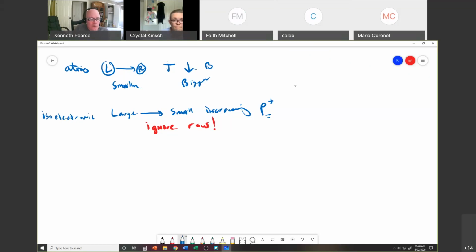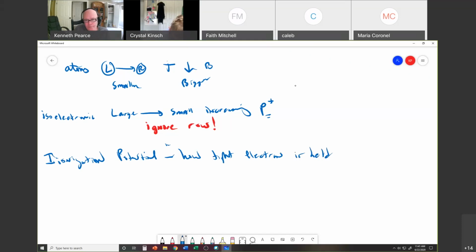Related to all of this is something called ionization potential, or IP. And that's how tight an electron is held. Okay, that's what ionization potential is. How tight the electron is held.